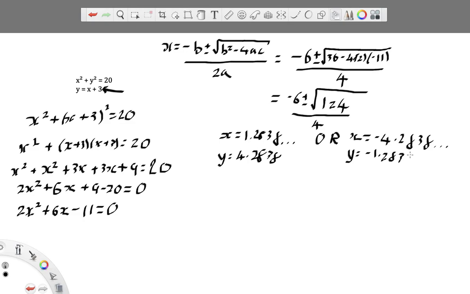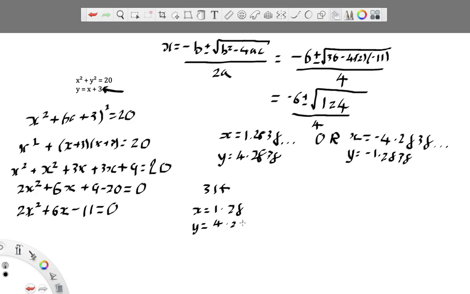So the last thing I'm going to do is I'm going to round my answer to 3 significant figures. So the one solution, x is 1.28 and y is equal to 4.28.